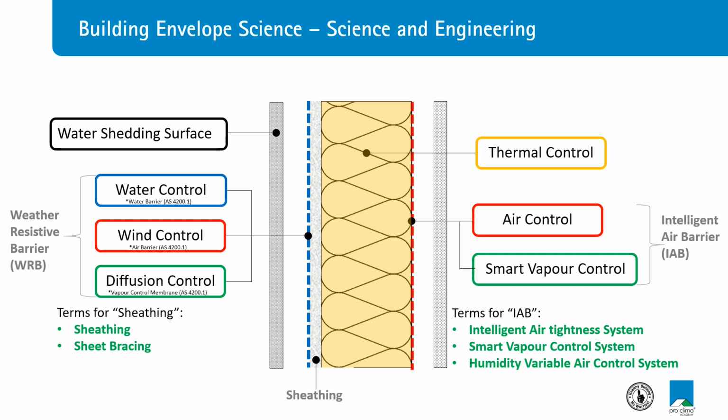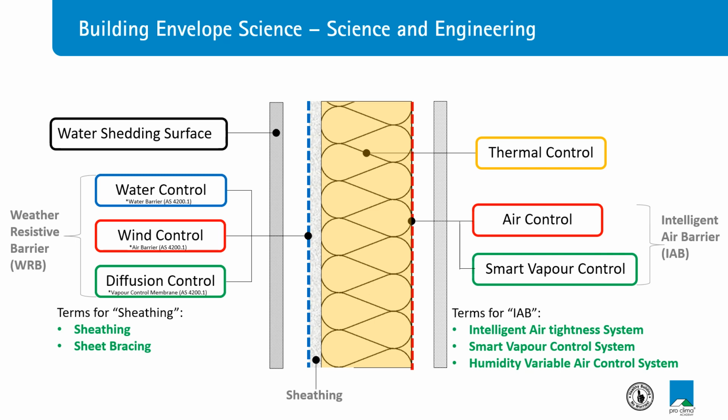The smart vapor control function is critical because we need that internal air barrier to be able to release water vapor should any water vapor come from outside the building through the external WRB system, or should any water ingress accidentally occur into that system. We need to increase the drying capacity. What the smart vapor control is talking about is essentially if there's any high humidity within that structure, then it will start to become more permeable and allow that water vapor out of the system.